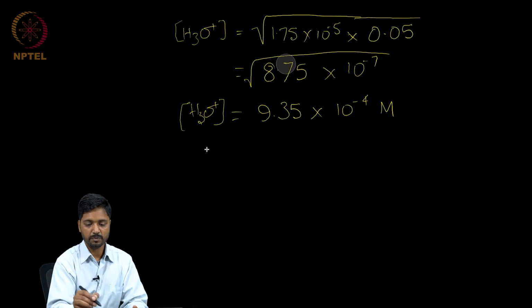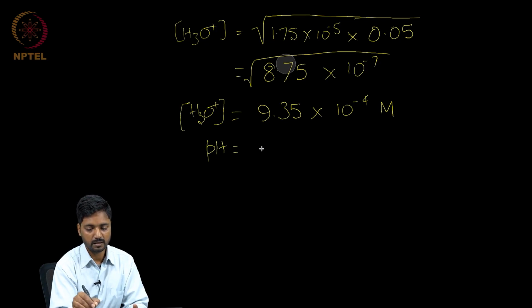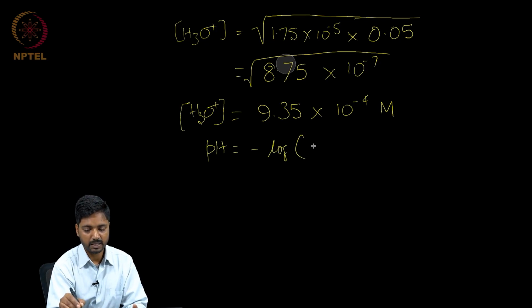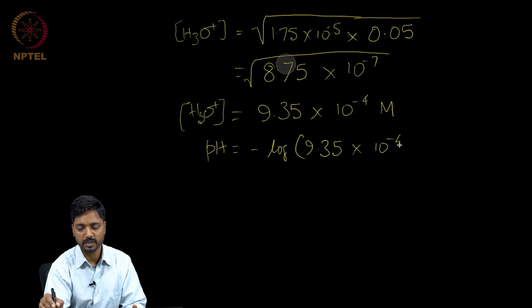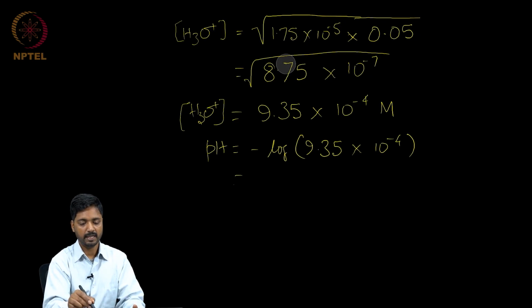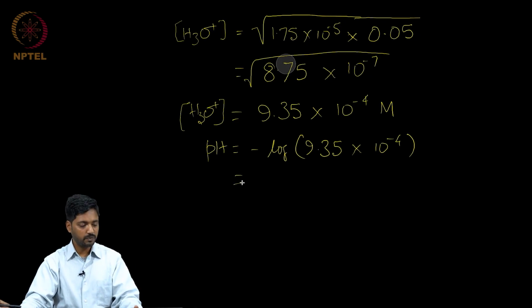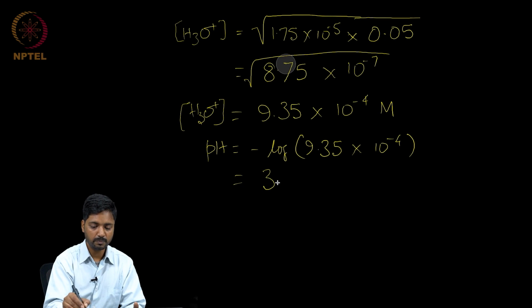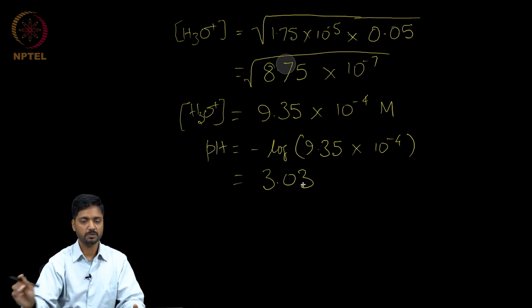With this, it would be straightforward to calculate the pH, which will be negative log of 9.35 times 10 to the power of minus 4, and the pH of the medium now turns out to be 3.03.